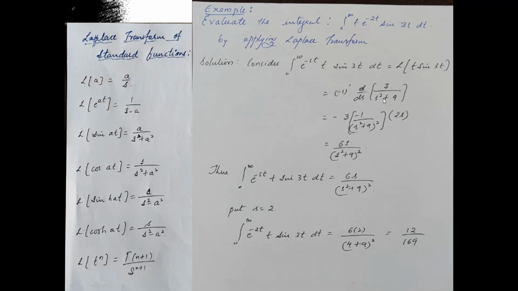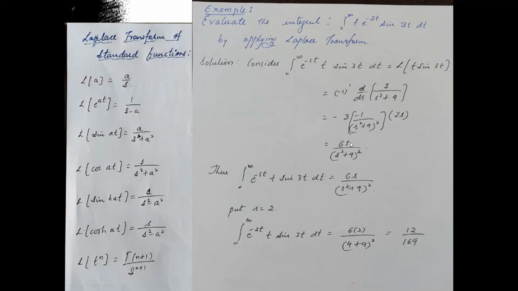Derivative of 1 upon s square plus 9, it is minus 1 upon s square plus 9 whole square into the derivative of s square plus 9, it is 2s. So we get this value as 6s divided by s square plus 9 whole square.